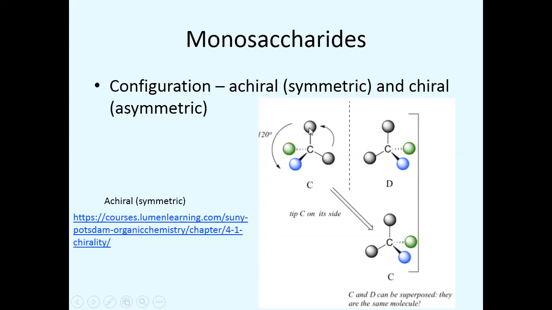However, the other 2 groups attached to this carbon atom are identical, both represented in gray color. Now if we look at this molecule C through a mirror, the image obtained is shown as molecule D. If molecule C is flipped and placed over molecule D, it will be perfectly aligned as shown in the figure. So the central carbon atom in molecule C is achiral.